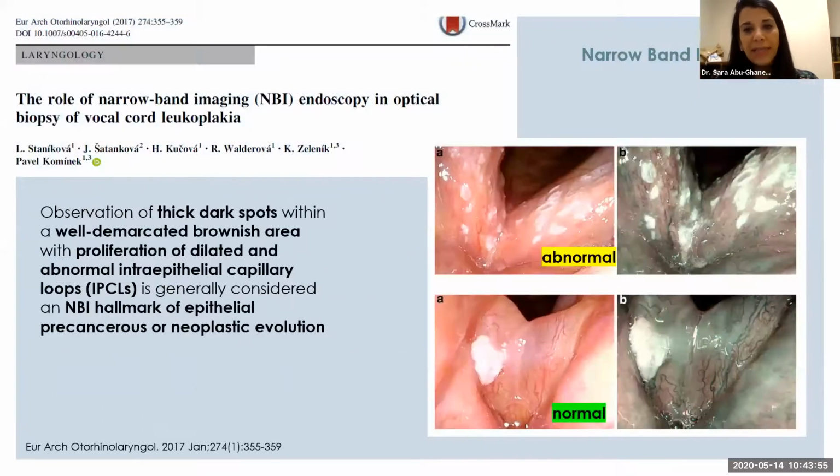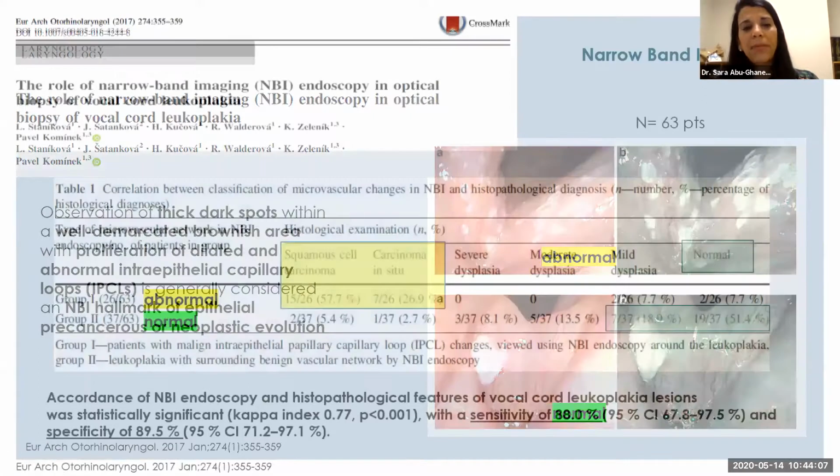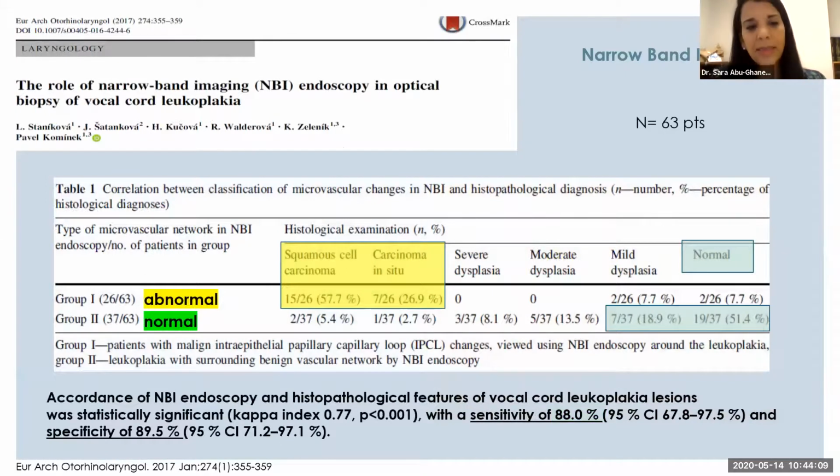This is just one example of how normal mucosa looks in regular light and narrowband imaging. And this is the pattern that we see in abnormal mucosa. This study, for instance, found the sensitivity of narrowband imaging in leukoplakia to predict malignancy was 88% and specificity almost 90%.